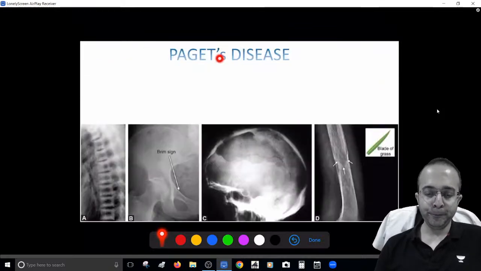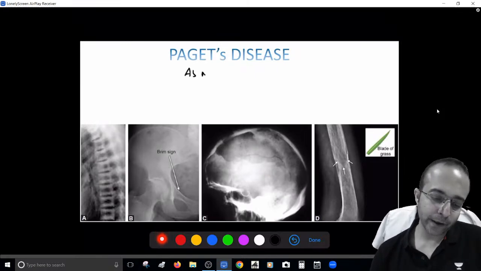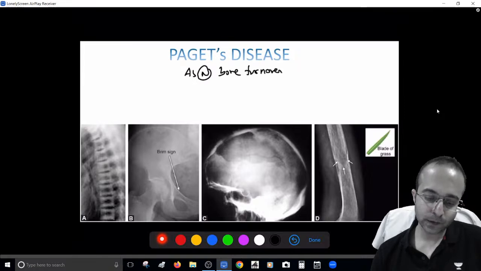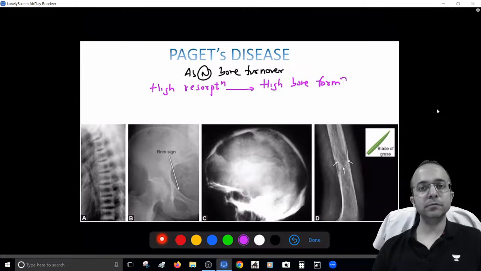और हाँ, Paget's disease की बात करें तो Paget's disease में होता क्या है? An abnormal bone turnover. So I'll tell you, first of all, there is a very high bone resorption going on because of some unknown reason. But this is coupled with a same high rate of bone formation.